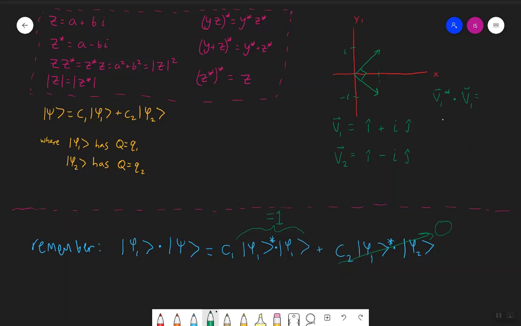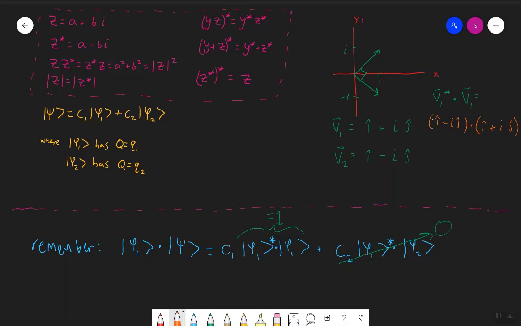Actually, let's write it out this way. We'll just write it fully out here. So v1 star would be 1 i hat minus i j hat, because we have to flip the i, and then this would be dotted with v1, which is 1 i hat plus i j hat.